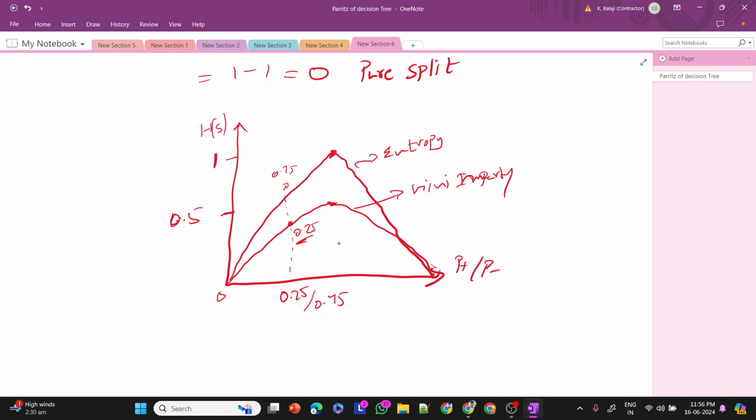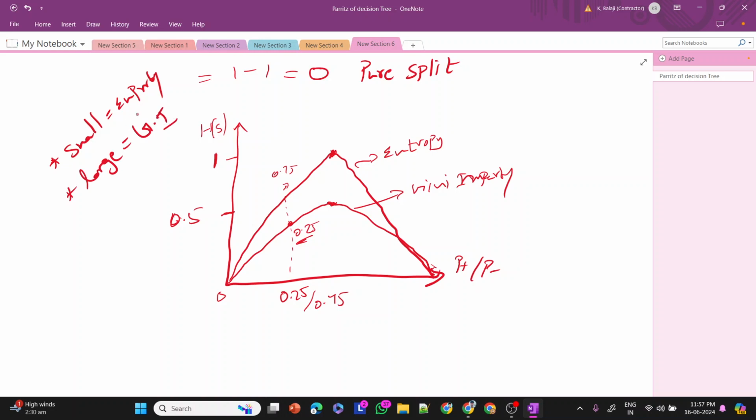We have a question: we can find whether a node is pure or impure by using entropy or Gini index, but which one is best, and which one can we use for a small data set? We can use entropy for small data, and for large data we can use Gini impurity.